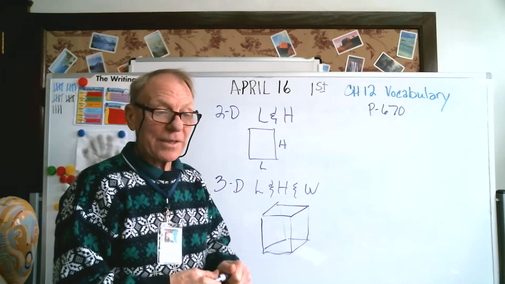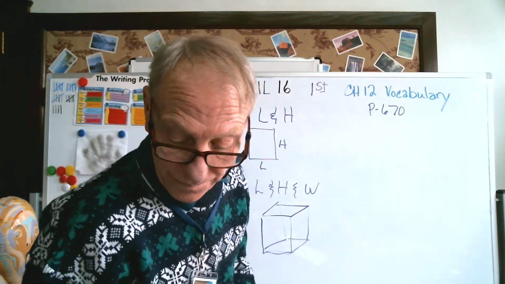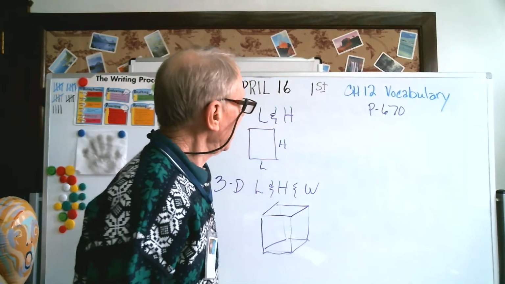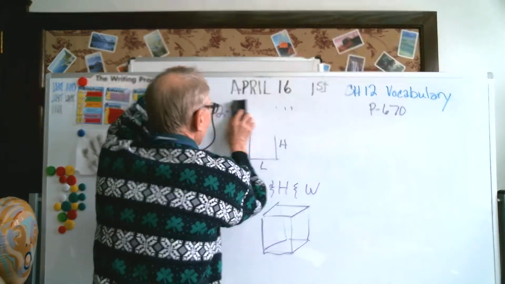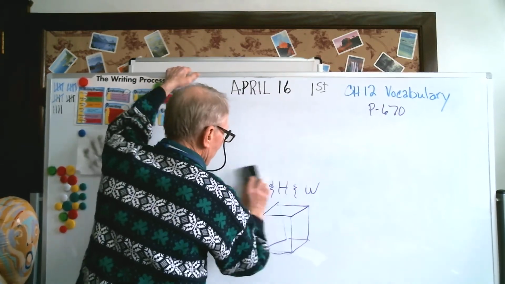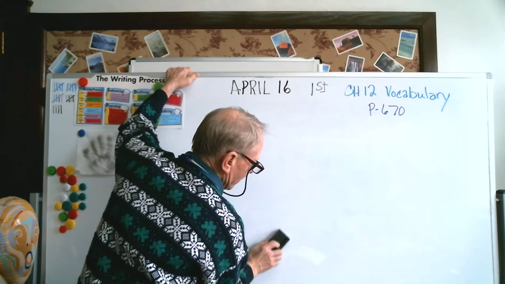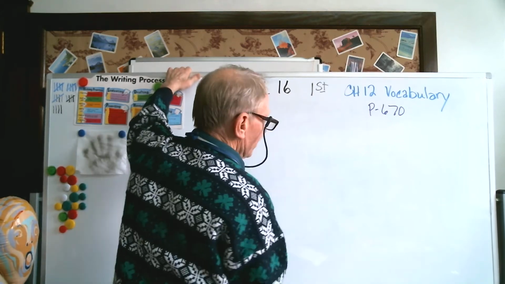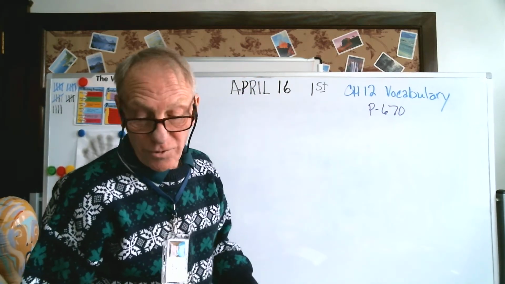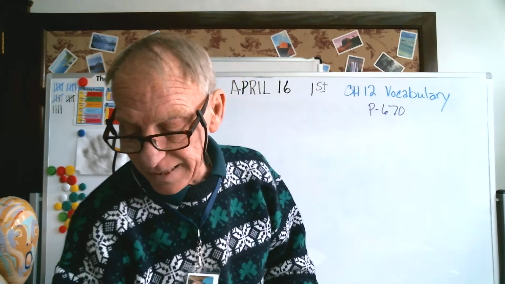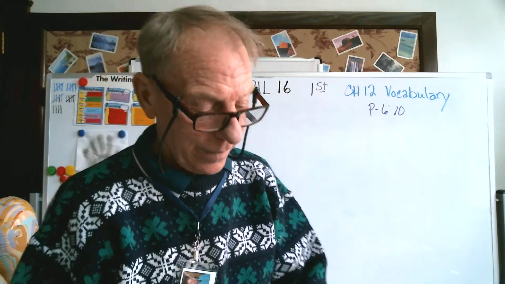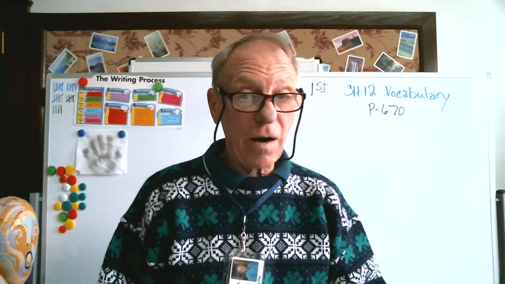Now, in two-dimensional geometry, we're talking about shapes that have two dimensions. And so the first thing you have to master before you can even begin to understand this, and it's not hard, really.